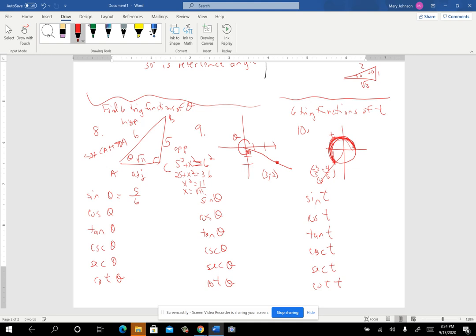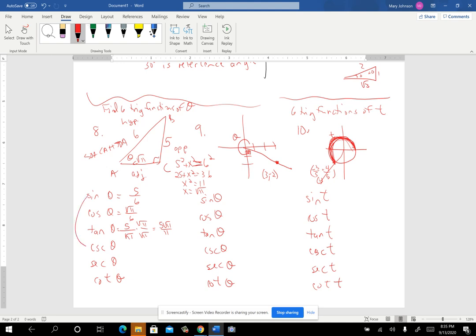That's that side. So cosine would be square root of 11/6. And then tangent would be 5 opposite over adjacent, but I'd have to rationalize. So I'll get 5 square root of 11/11.